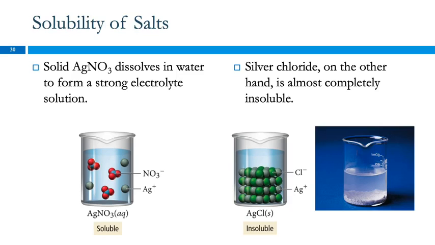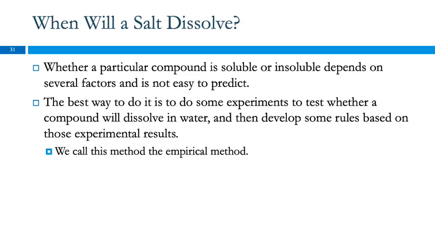So why do some ionic compounds dissolve and others don't? That's complicated. It depends on lots of different factors. The best way to identify what dissolves and what doesn't, without just looking it up, is that we've found some common themes, some rules.